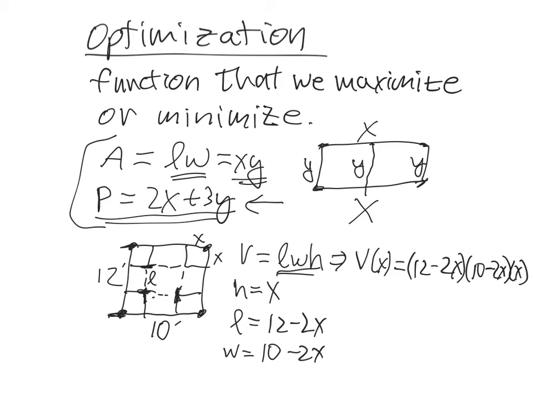Probably before we want to take a derivative, we want to multiply all that out. Then you can take the derivative, set it equal to 0, and the whole optimization process there. Okay. Questions on that?